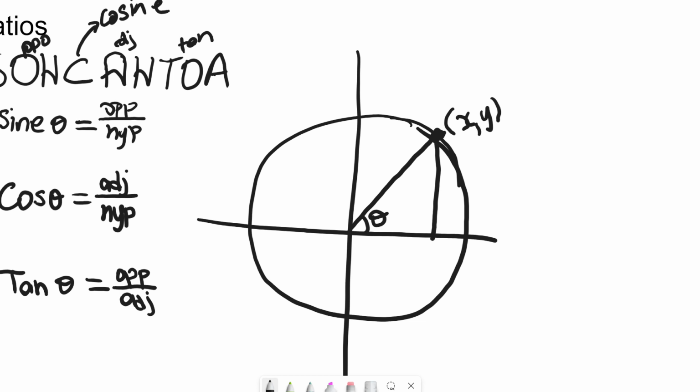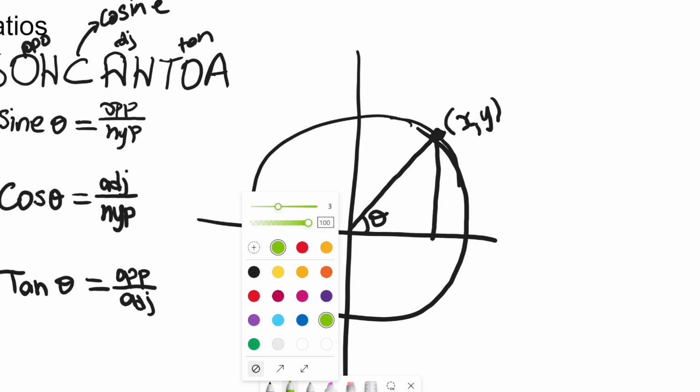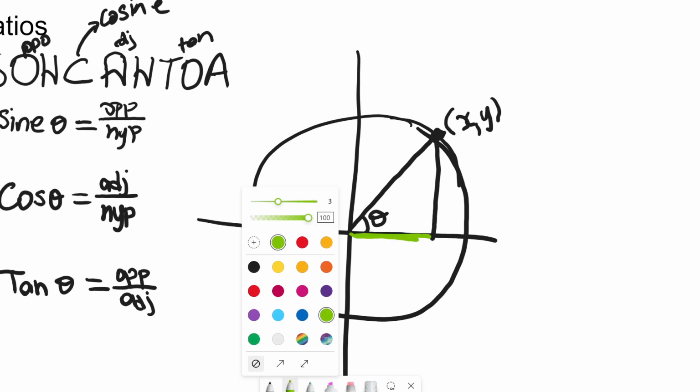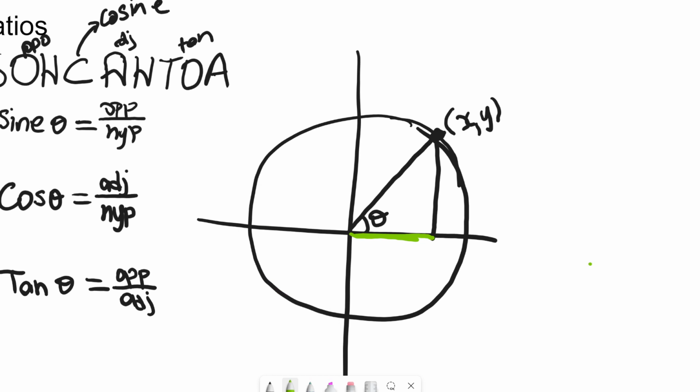So for instance, if we recall the distance at the bottom, we call this the bottom leg, and this is going to be our adjacent side. This is representing x, right? That's going to be my x.